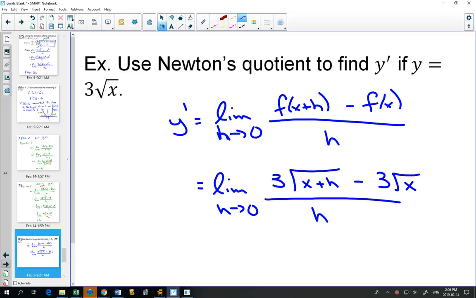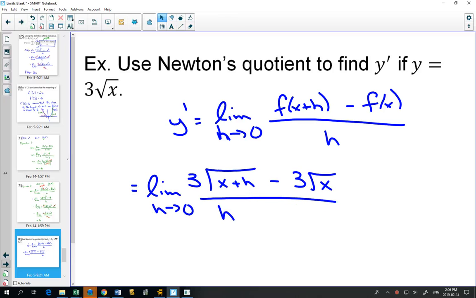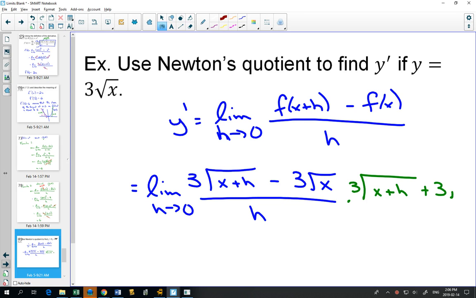What has been our main strategy whenever we have square roots? Multiply by the conjugate. So I'm going to multiply top and bottom by the same thing, except have a plus sign in between. That makes the top a difference of squares.